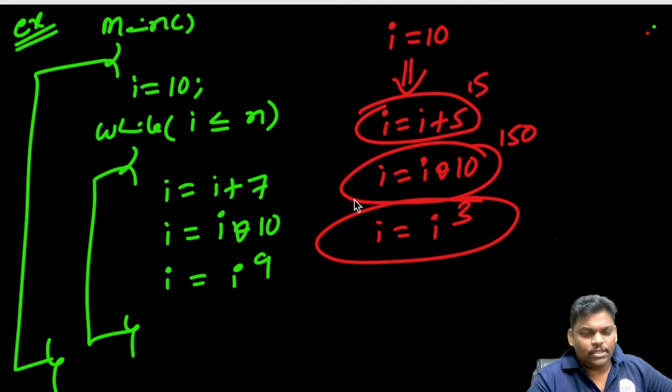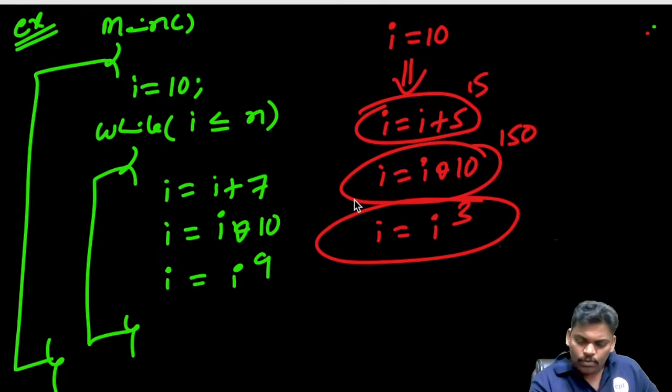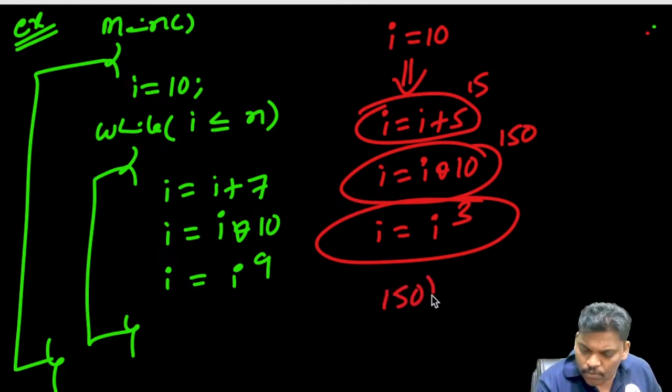If i is 150, then 150 cube. 15 into 15 is 225, 225 into 15, so can you multiply one time? 150 cube, how much is it?